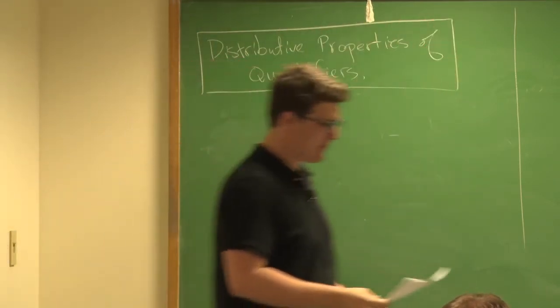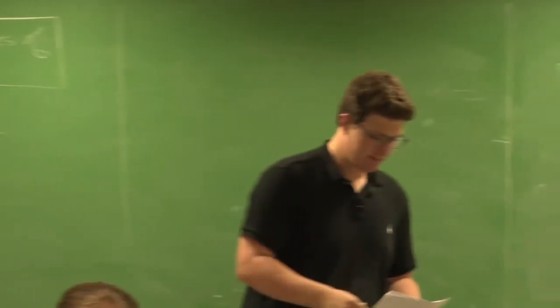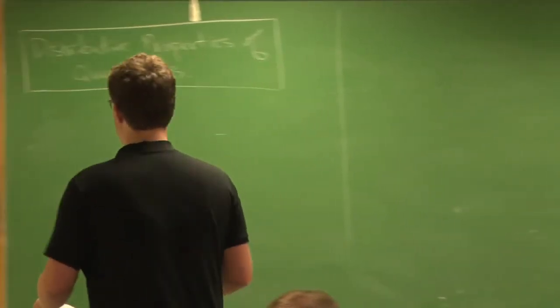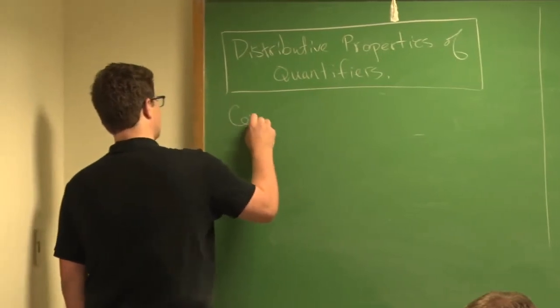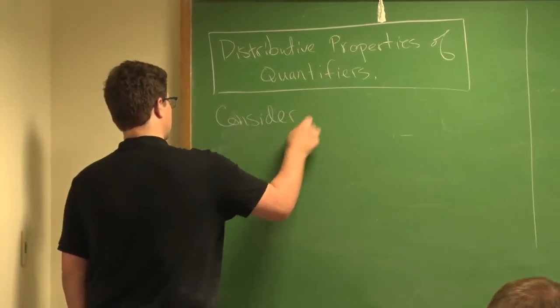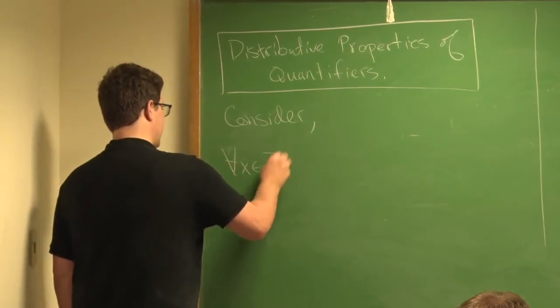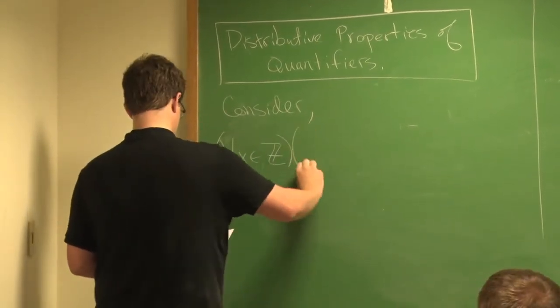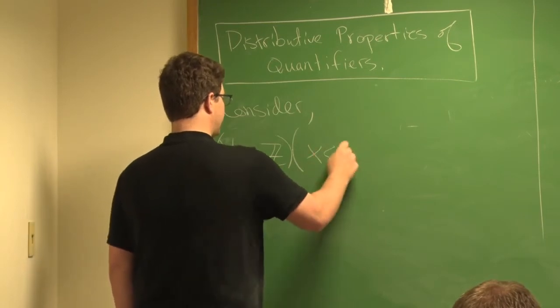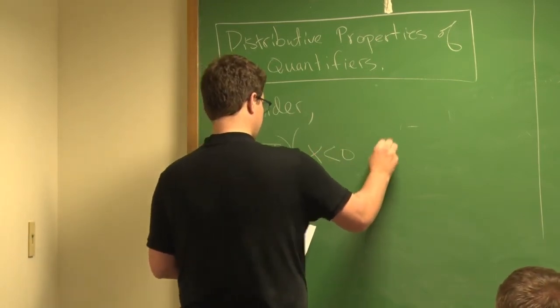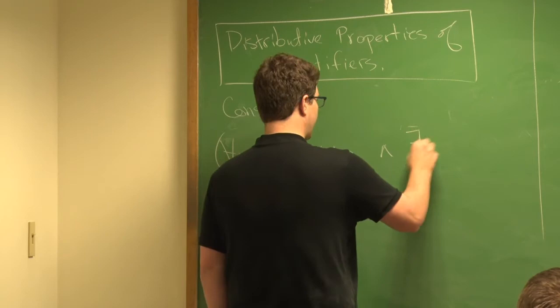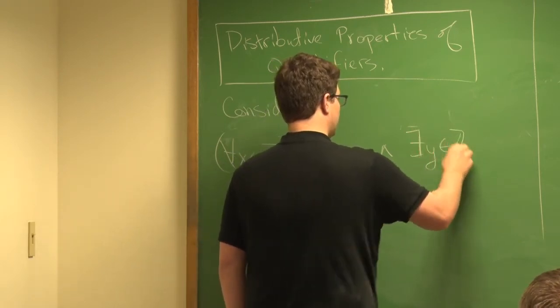So this is kind of a warm-up from last time. So let's consider the following proposition. For every integer x, x is less than 0, and it's a square as an integer.